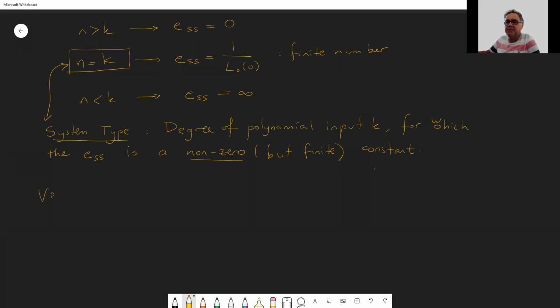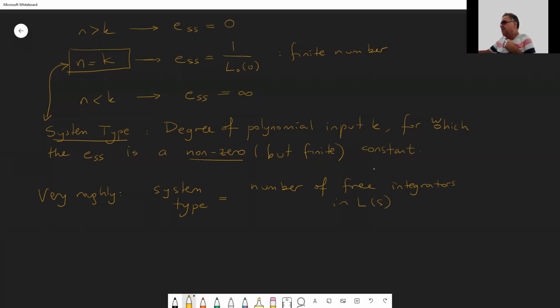And very roughly, we can say the following. System type is equal to the number of free integrators in L of s.